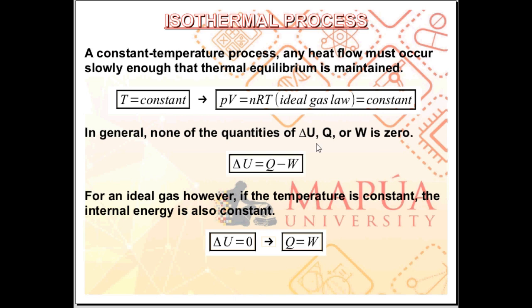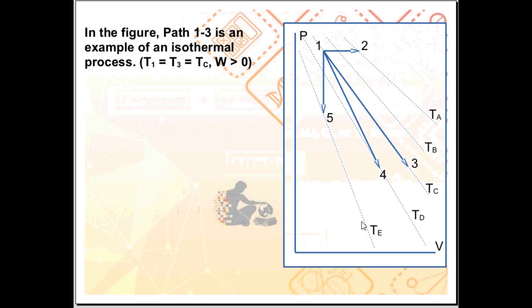So delta U, Q, W, in general, none of these quantities is equal to 0. Therefore, delta U is equal to Q minus W. But for an ideal gas, wherein we can apply the ideal gas law equation, if the temperature is constant, the change in internal energy is 0. Therefore, Q is equal to W.